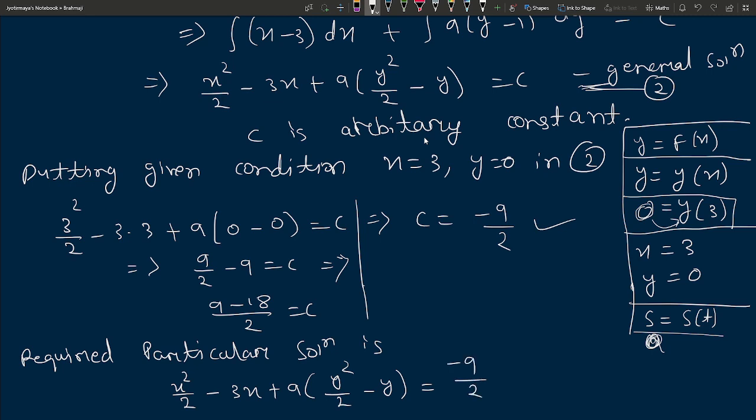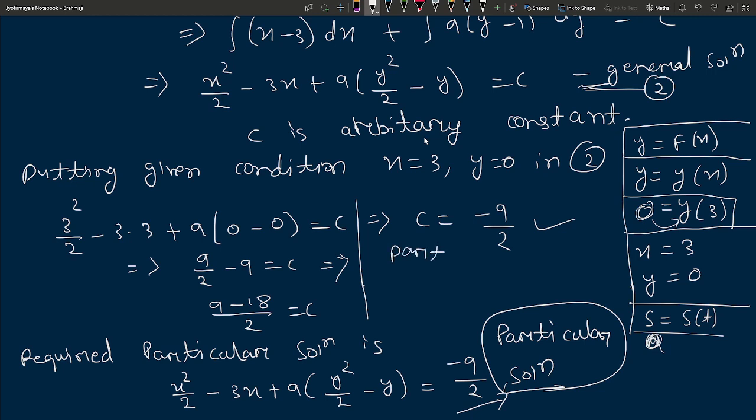It is minus 9 by 2. Now this is the required particular solution. This is a particular value of c. So that is why the solution is called particular solution, with this particular value of c, minus 9 by 2.